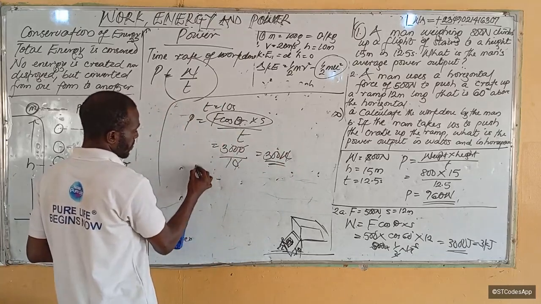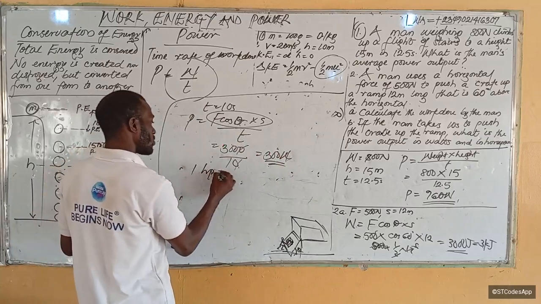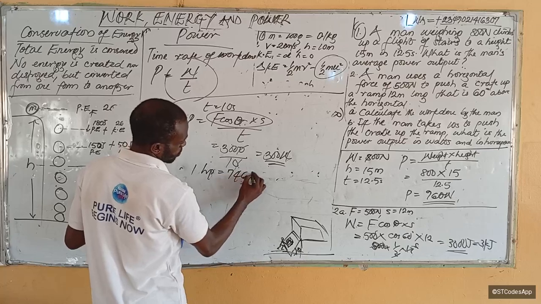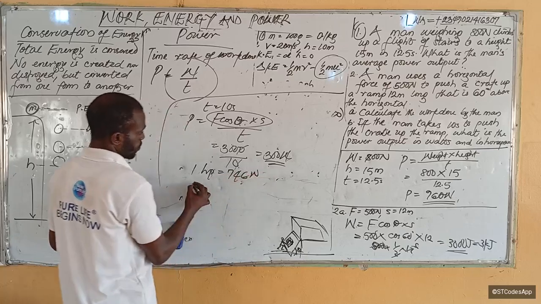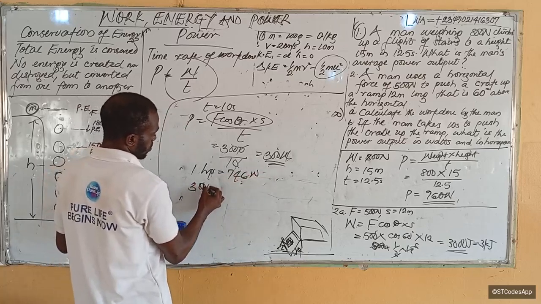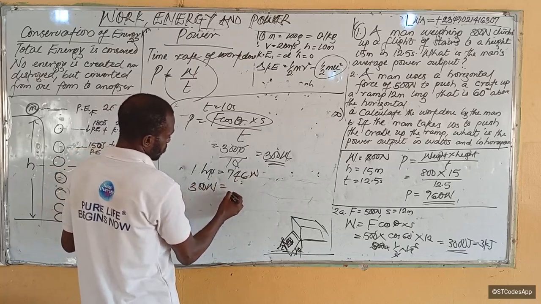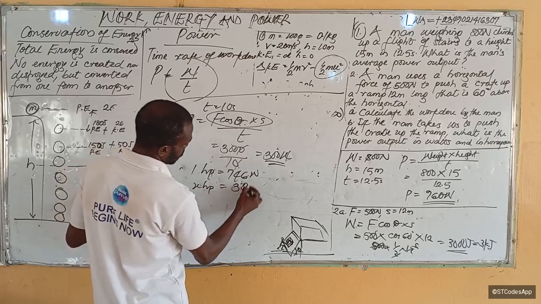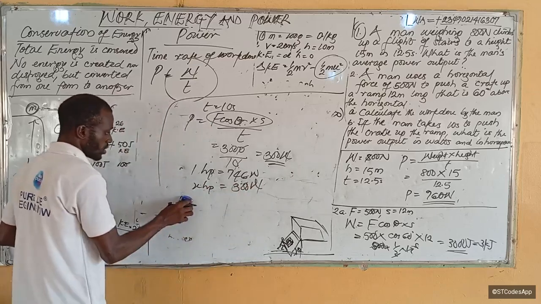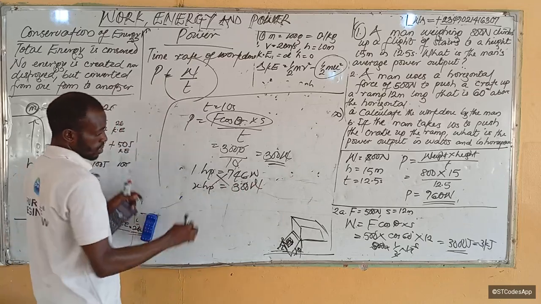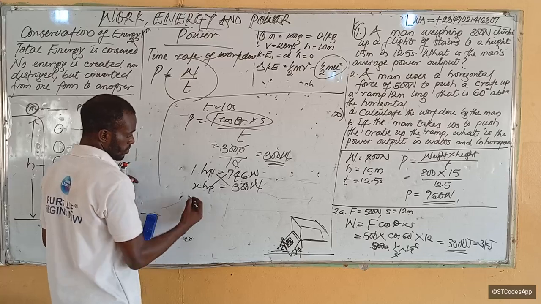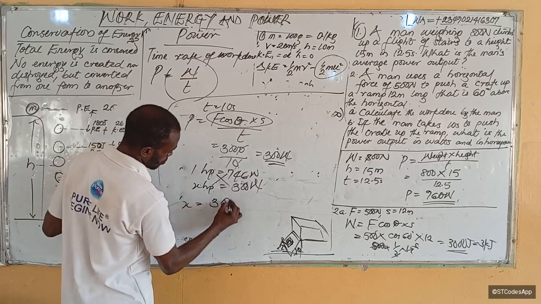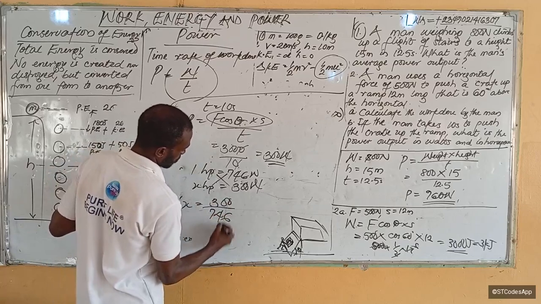Okay, in watts and in horsepower. So in horsepower, remember that 1 horsepower is equal to 746 watts. Therefore, how many horsepower will 300 watts be? So you cross multiply, and it becomes x equal to 300 divided by 746.